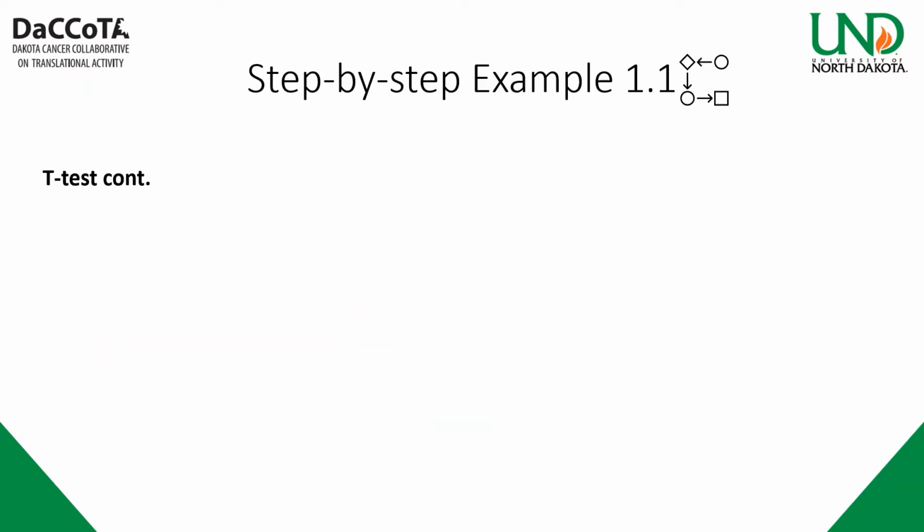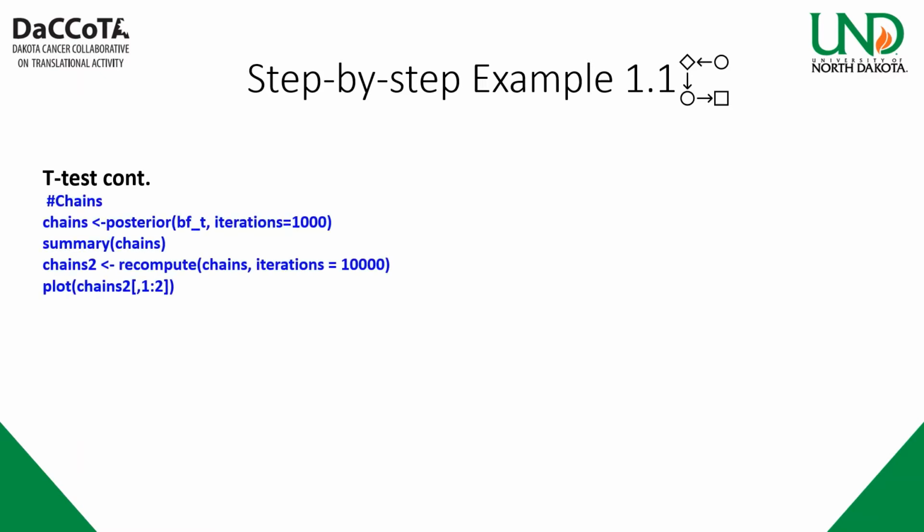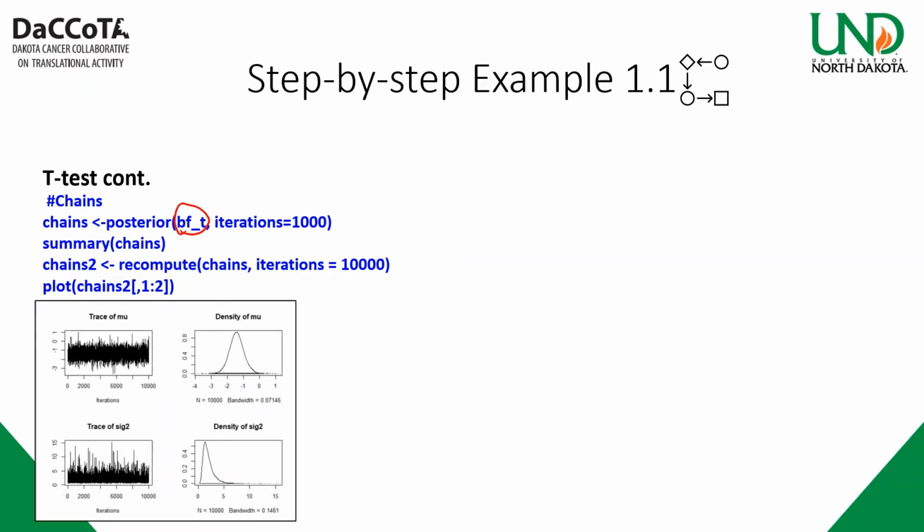Another thing we can do with Bayes beyond the standard frequentist t-test is look at MCMC chains. We'll look more at this in Module 3, but this is a way to simulate the posterior. We're not going to go into too much detail here, but essentially you can run this posterior function on our BayesFactor t-test object and create a summary, but mostly we want to plot these.